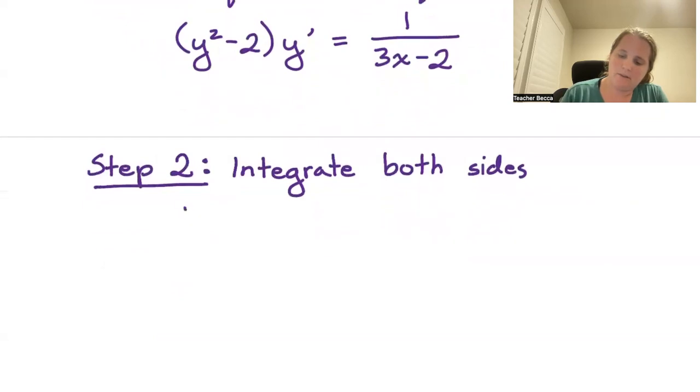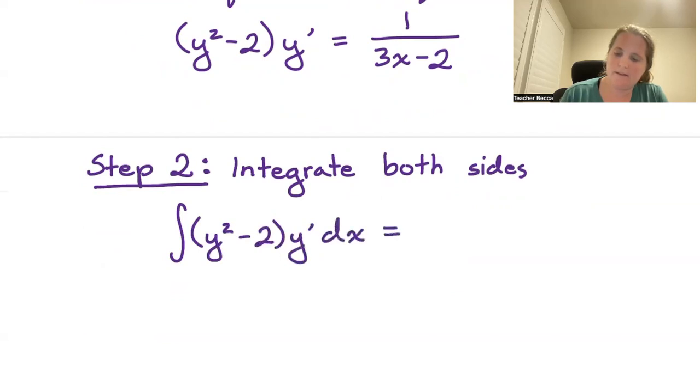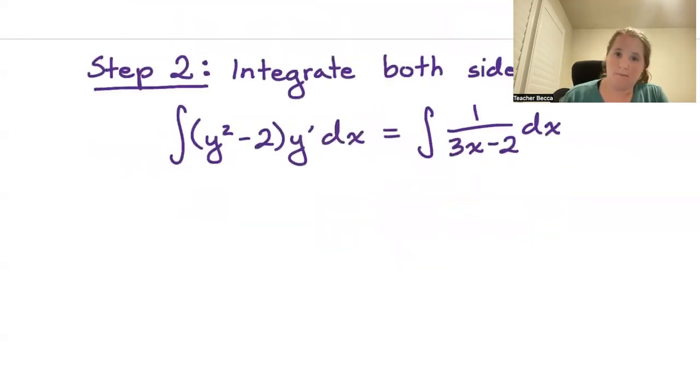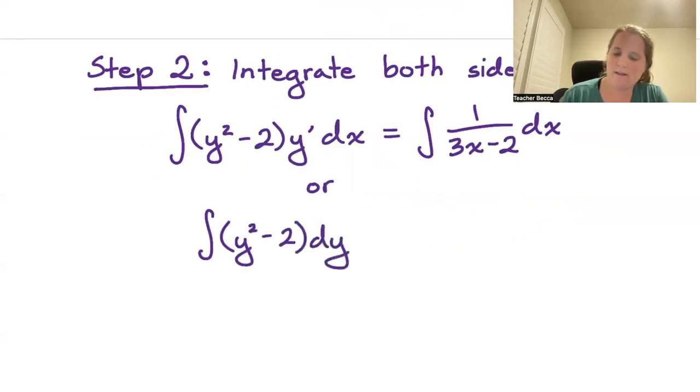So we have the integral of y squared minus 2 times y prime dx is equal to the integral of 1 over 3x minus 2 dx, or the integral of y squared minus 2 dy is equal to the integral of 1 over 3x minus 2 dx.